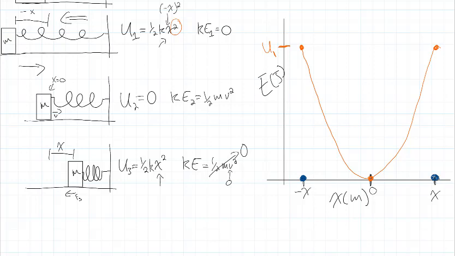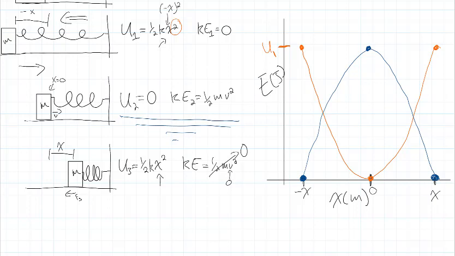And then when we are halfway between those, when the spring is completely relaxed, that's when we get our maximum velocity, and that is this state 2 here. And so we know that all of the energy is in motion, and so we have to have our 0 point correspond to U1 up here. And so what's that look like? That looks like 1/2 mv squared, and we have an upside down parabola here.